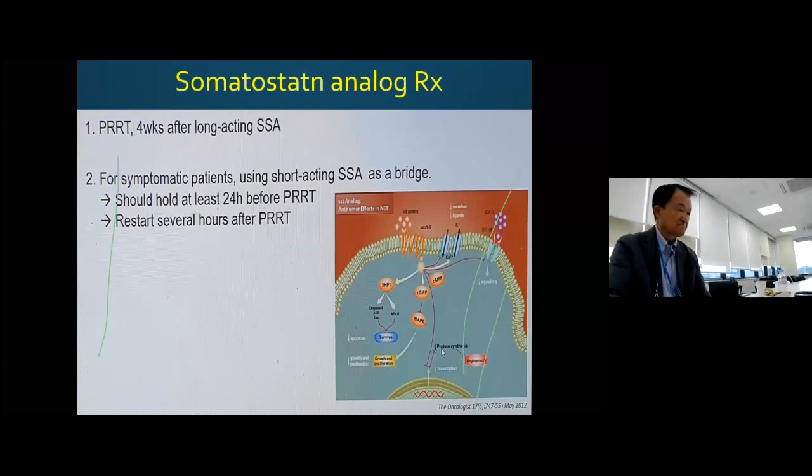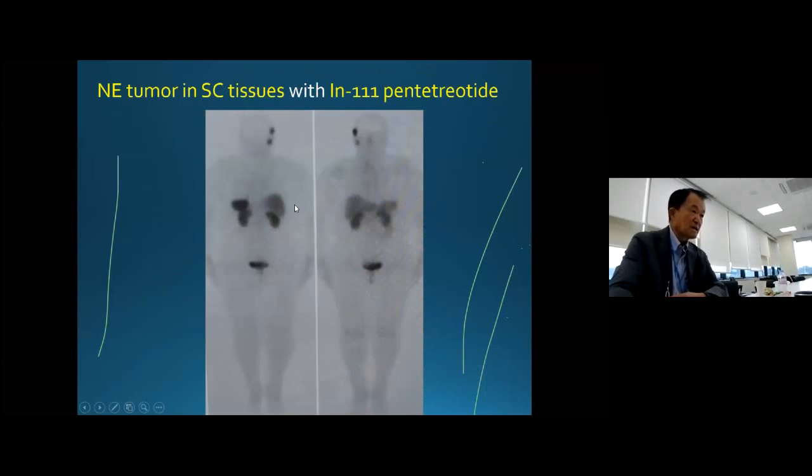And peptide receptor radionuclide therapy has been studied mainly in Europe for the last decade and has become quite successful, particularly in patients resistant to suppression therapy or chemotherapy.